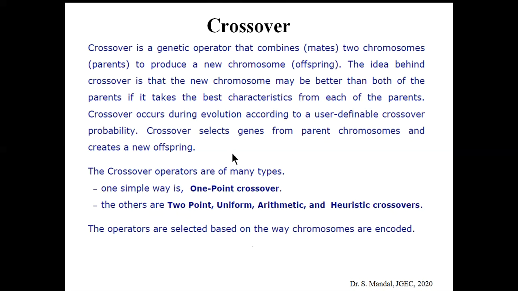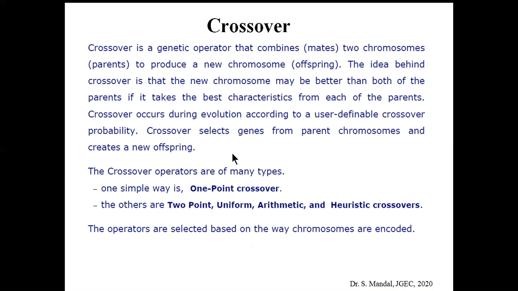Now, coming to the second operator, which is the crossover. Crossover is a genetic operator that combines two chromosomes to produce a new chromosome, where the characteristics of each parent will remain in the new chromosome or offspring.